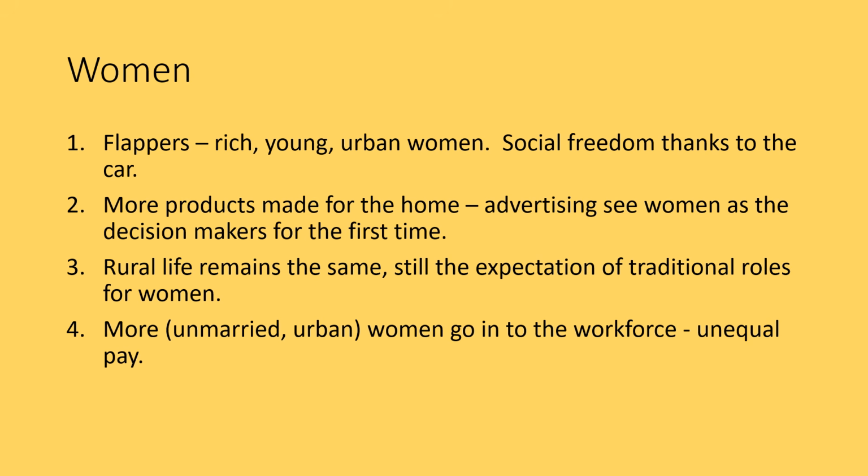An attitude which hangs around for quite some time, as we will see. So in the urban cities, those rich young urban women we were talking about beforehand, those flappers, they're the ones going into those jobs unmarried, again, single women at this stage. You were allowed to have a boyfriend and everything, but as soon as you got that ring on your finger to say you were going to be married, you would have been told your time in this job is coming to an end.